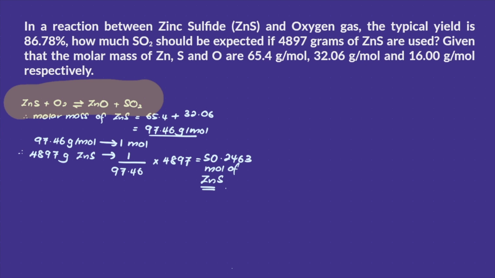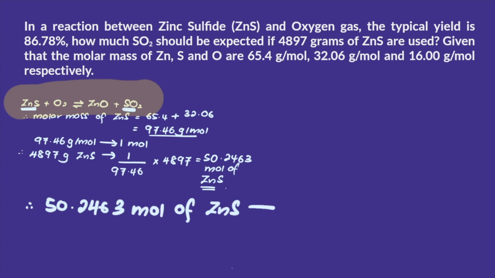Therefore, since you have 50.2463 moles of zinc sulfate, basically how much sulfur dioxide is going to be produced is the same. So it's going to be 50.2463 moles of sulfur dioxide as well, because the ratio is 1:1.